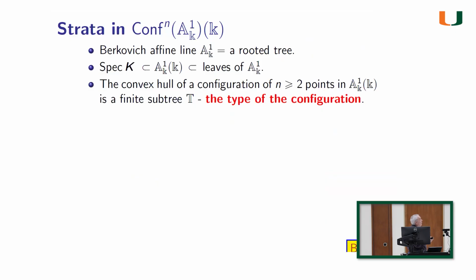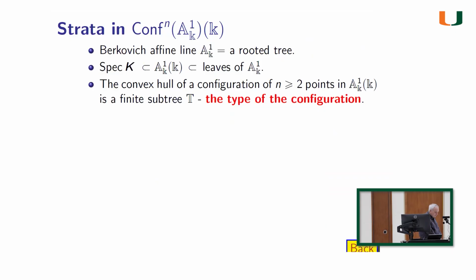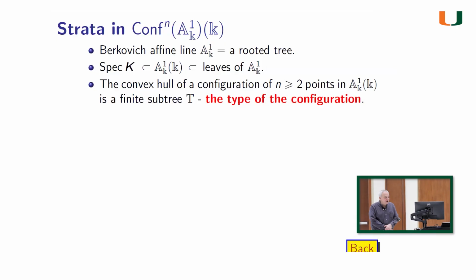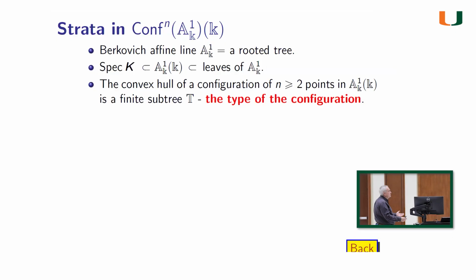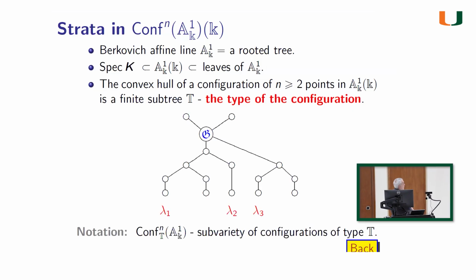And the convex hull of two or more leaves is a finite subtree. So if you take a configuration of leaves, that gives you a particular finite subtree, and so you can look at all configurations for which that finite subtree is the same. So this is roughly the picture.